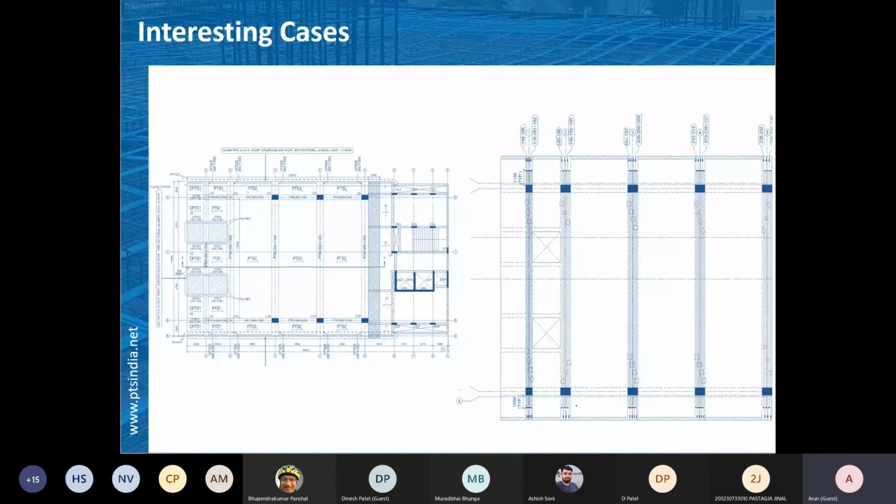After construction of several floors, there was a change forced by the municipal committee, and the client had to trim this end 800 mm inside, or 500 mm inside, sorry.